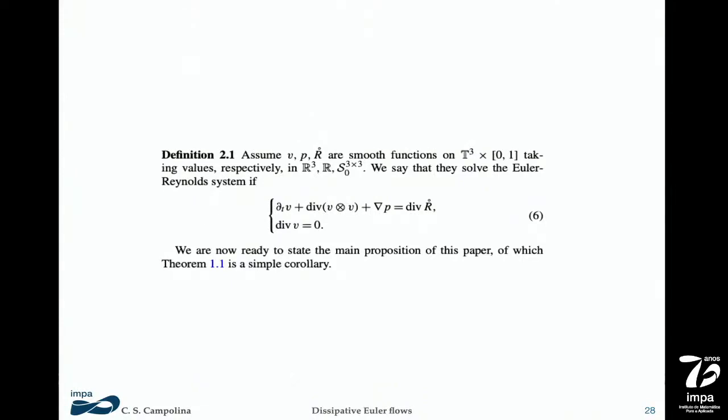And they put it in this form because this tensor has a physical meaning. It's called the Reynolds stress. If we remember from a basic turbulence course, if we take, for example, the average of the Navier-Stokes equations, the nonlinear term will produce an additional term, which is the Reynolds stress, somehow stresses due to turbulent oscillations, right?